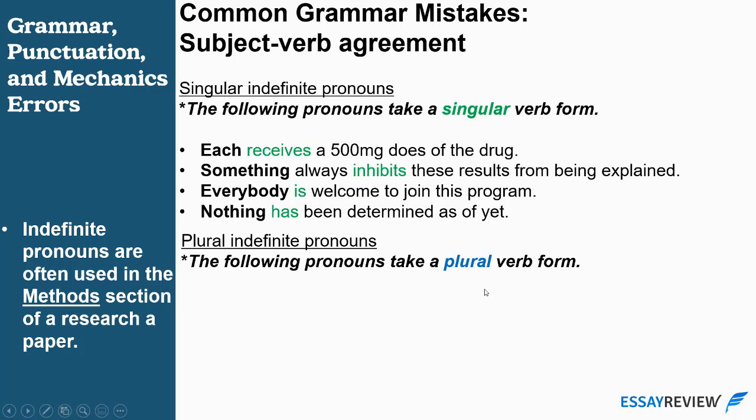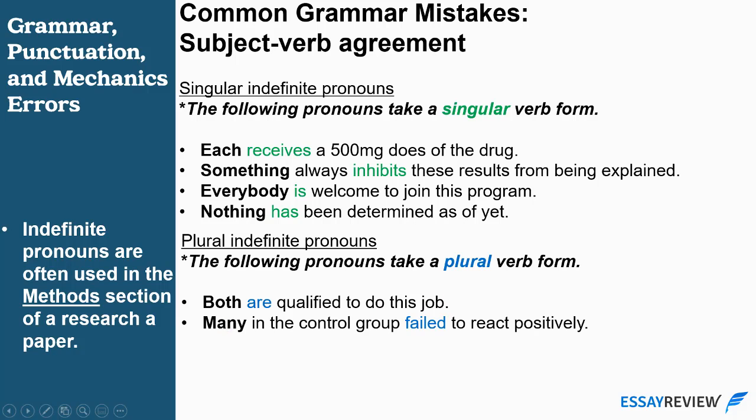I got called out at Korea University a while ago, so see if you can catch any mistake here. Again, this is usually true, but if you're going to make me explain the grammar, then I'll try. "Both are qualified to do this job." "Many in the control group failed to react positively." I know why. Because I used past tense here, and I apologize for that.